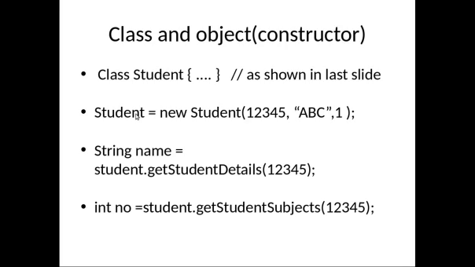The three arguments passed are the roll number, then student name, and then subject id. Yes, this reference will be a small s student.